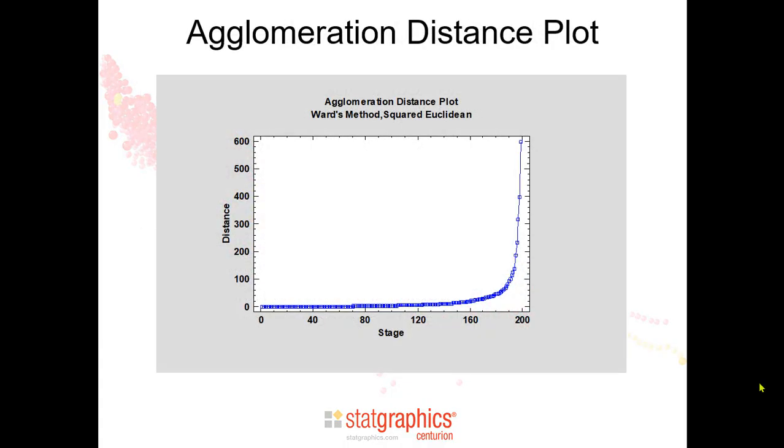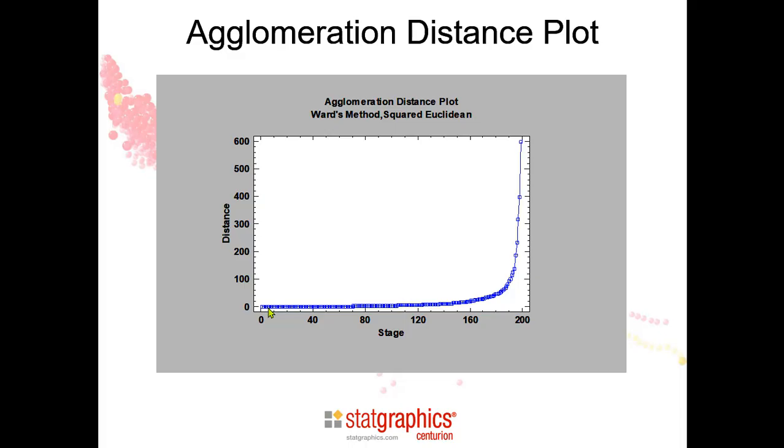This is the agglomeration distance plot for our customer data. It shows the distance between clusters as we reduce clusters from 200 to 199 to 198 to 197 all the way down to a single cluster.